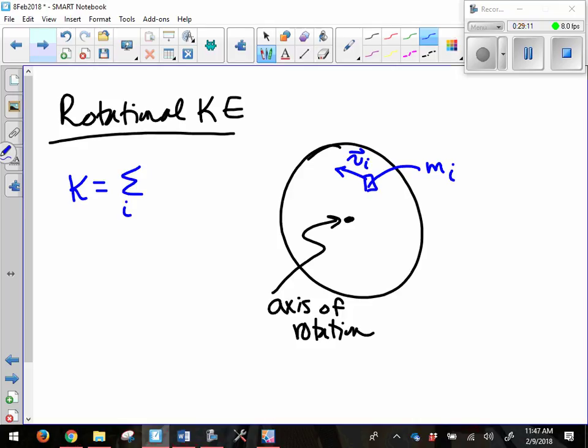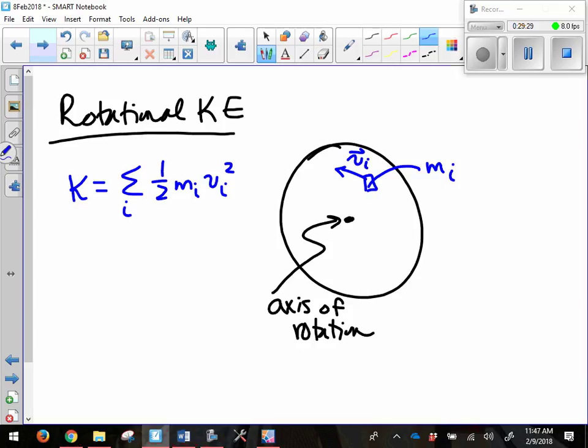So I'm going to say that this piece has a mass mi, it has some linear velocity or linear speed vi, and then I would say that my kinetic energy was the sum of all those pieces. And then what's the formula for kinetic energy? So I'd have 1/2 mi vi squared. And that's my summation symbol again. We've come across it before. It just means that I add up all the contributions.